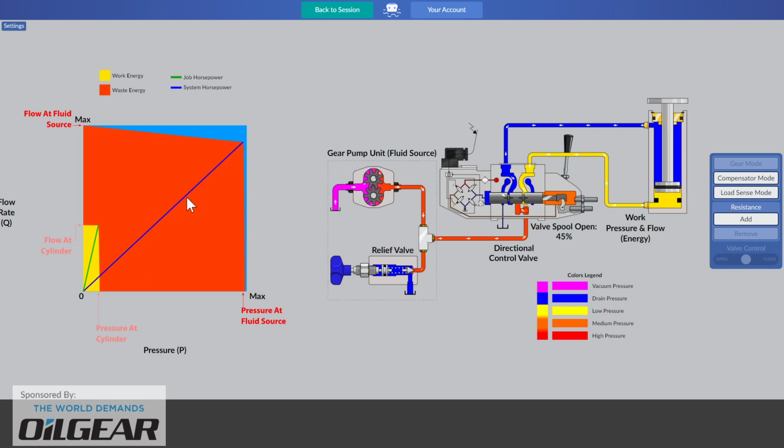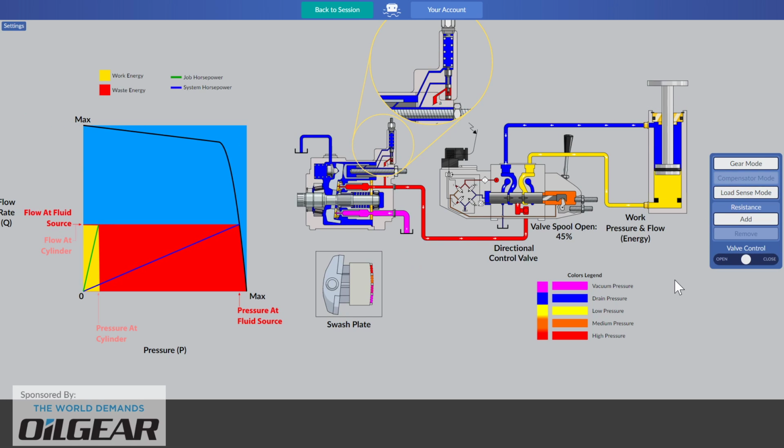So what one can see is that the length of the dark blue line is so much longer than the length of the green line. That's comparing the power required for the load versus the power required for the whole system, and hence the reason we fill in that blue area with lots of red. That is wasted energy input, whereas if we were running with a compensated pump, let's change, look at what happens.